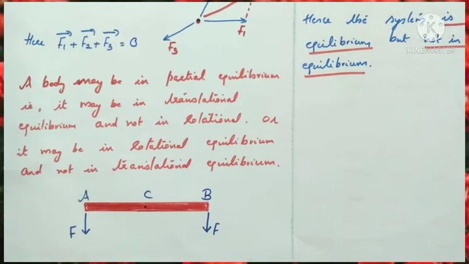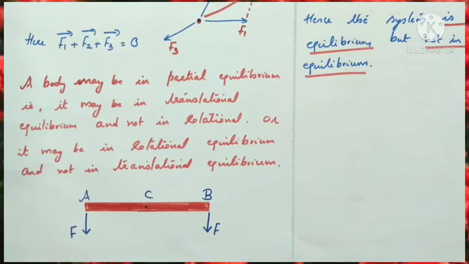So we know that a rigid body is in mechanical equilibrium if both rotational equilibrium and translational equilibrium conditions are satisfied. But a body may be in partial equilibrium, that is, it may be in rotational equilibrium but not in translational, or it may be in translational equilibrium and not in rotational.